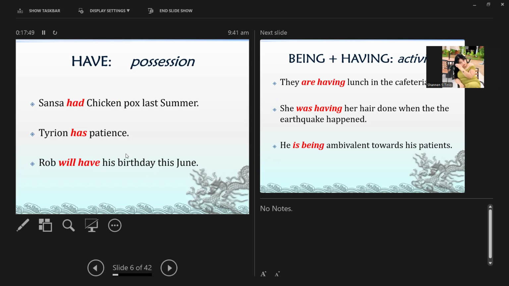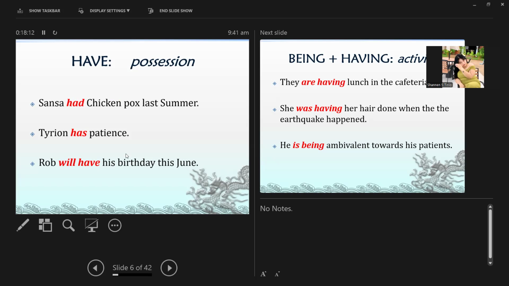Ibig sabihin, he possesses that kind of attribute, which is he's patient. Okay. Rob will have his birthday this June. Okay. In future tense naman siya. Okay. Rob will have his birthday this June. So Rob's birthday is in June.